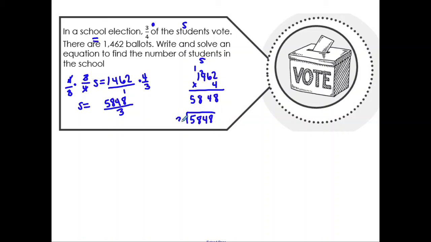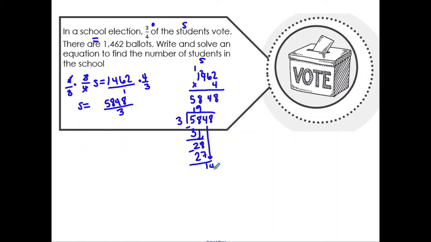divided by 3. 3 goes into 5 one time. 1 times 3 is 3. 5 minus 3 is 2. Bring down the 8. Okay, and then 3 goes into 28. Let's see, that would be 9 times. 9 times 3 is 27. 28 minus 27 is 1.